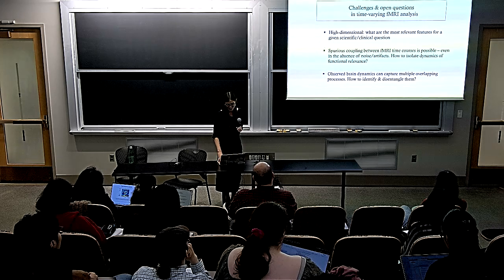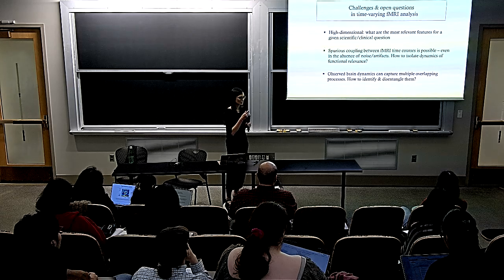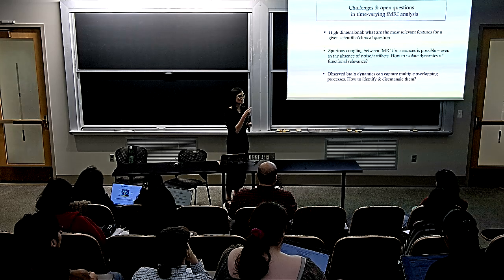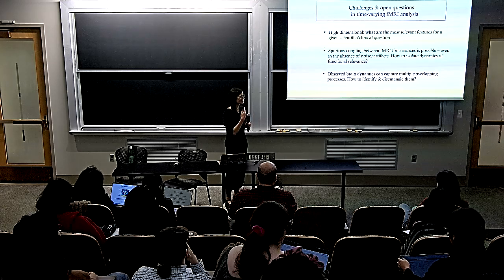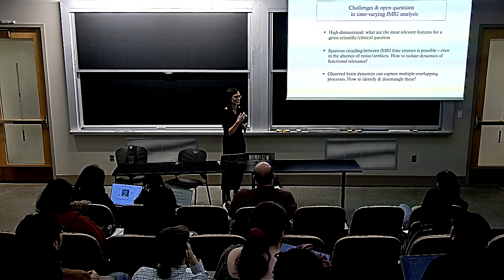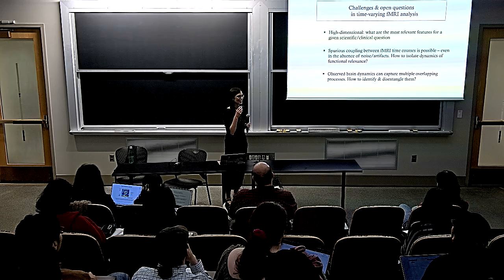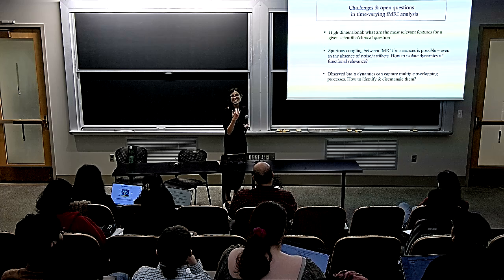Also, some of the models suggest that the brain is in one state and then switches states, but it's pretty complex. There are probably a lot of continuous overlapping processes. Some models have been proposed that say at a given time point or window, there's a mixture of states, and we can represent this mixture of states.